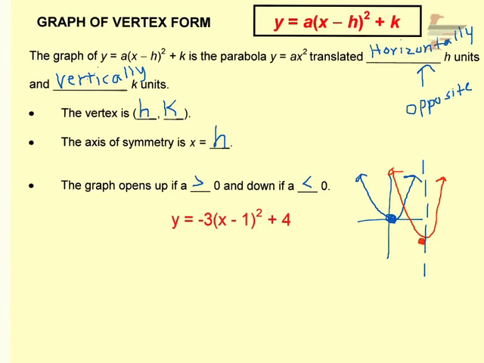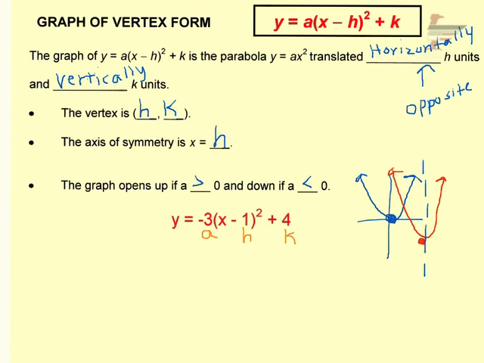So putting this all together just to make sure that it makes sense to you, if you note this equation I have here, y equals negative 3 times the quantity x minus 1 squared plus 4. So your a is negative 3, your h is 1, and your k is positive 4.